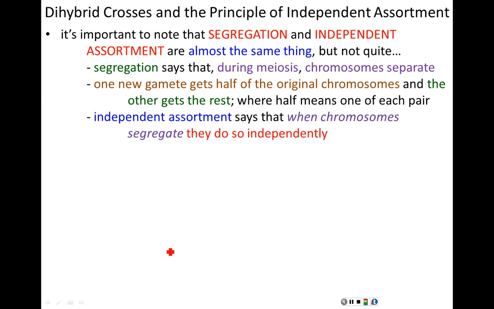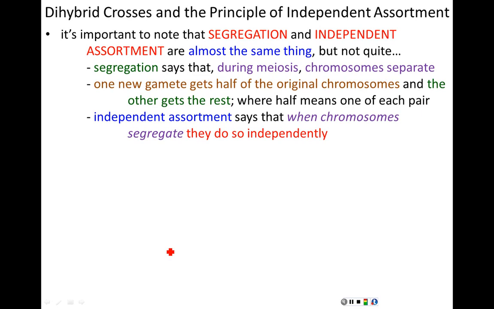Independent assortment goes one step further and says that when that happens and chromosomes segregate, they do so independently. So as long as genes are on different chromosomes, which gamete got one allele has no impact whatsoever on which gamete gets the other allele from the other gene. In other words, when I roll a 1, and then I roll that die a second time, the 1 I got in the first roll has no impact whatsoever on what I might get in the second.